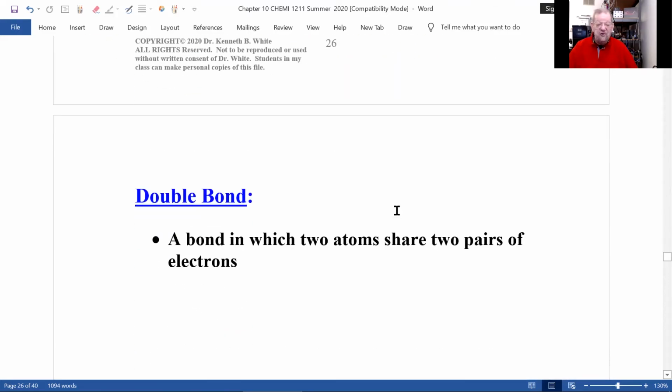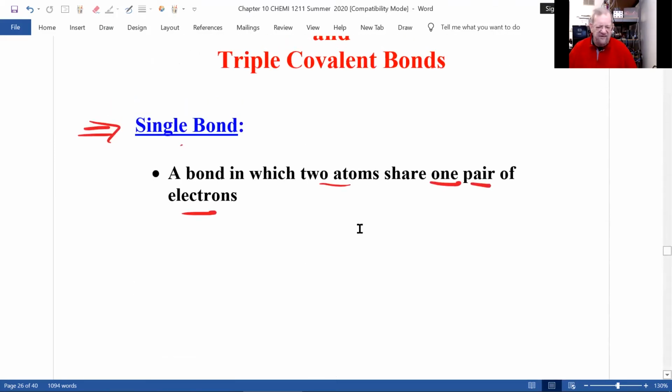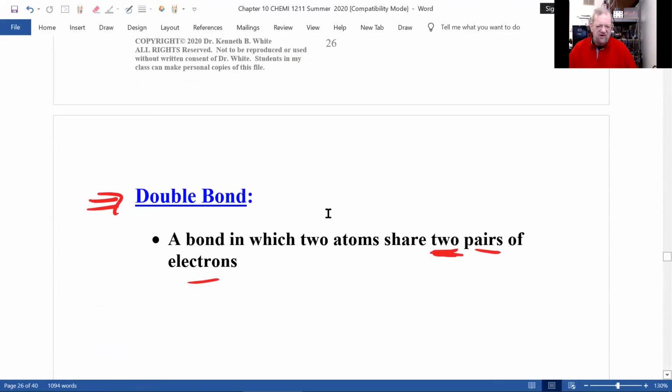Now, you can have 2 pairs of electrons being shared between 2 atoms, and we call that a double bond. And a double bond consists of 2 atoms sharing 2 pairs of electrons. And going with the baseball analogy, if you hit a double, you go to second base too. So you have a single bond, one pair of electrons being shared, and you have a double bond, two pairs of electrons being shared.